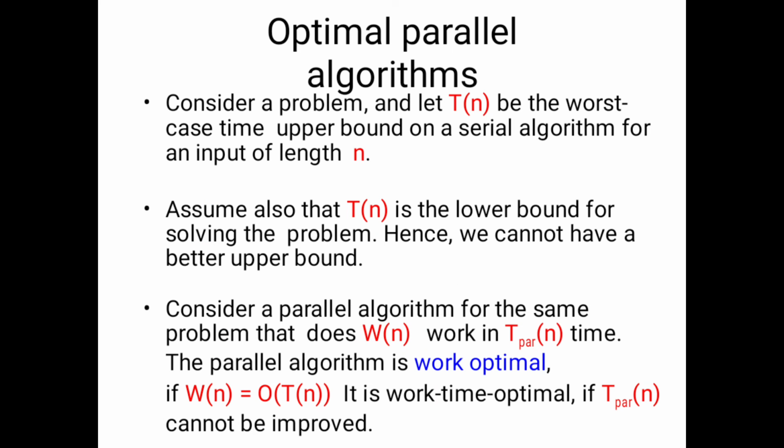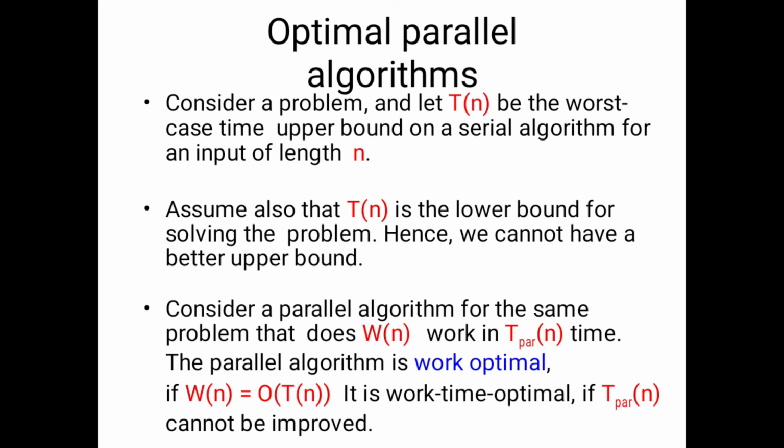Now we will see optimal parallel algorithms. Consider a problem and let time complexity T of n be the worst case time upper bound on a serial algorithm for an input of length n. Assume that T of n is the lower bound for solving the problem.